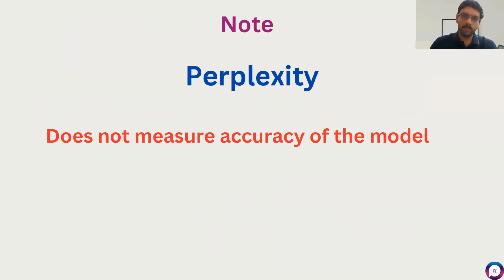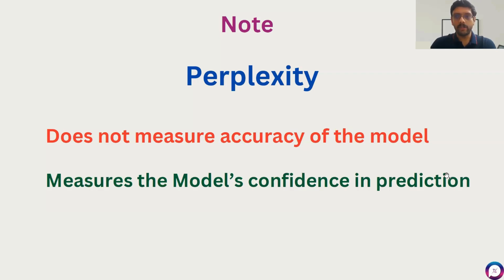Now, something to keep in mind: perplexity does not measure how accurate the model is, because for accuracy, you need an exact answer, and we generally don't have an exact answer. What perplexity is telling you is how confident the model is. If the probability that the model is predicting each word is very high, it's confident.